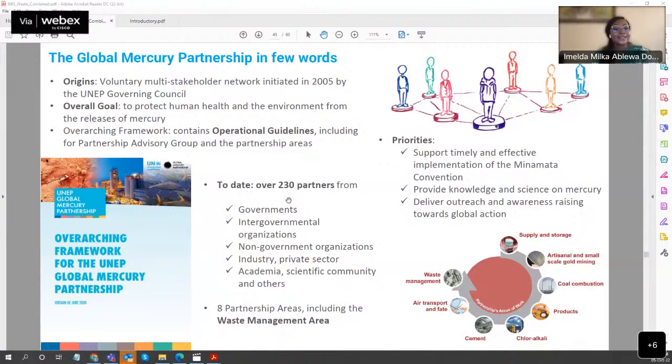So to date, the partnership counts over 230 partners distributed among the 8 currently identified partnership areas that you can see on the screen. And these partnership areas include, of course, the waste management area. Also, the partnership is co-chaired by Mrs. Therapon Wiliwutikoen from Thailand and Mr. Rogers Ankla.